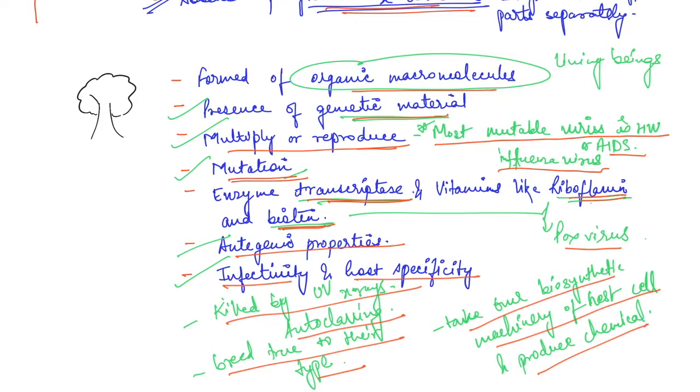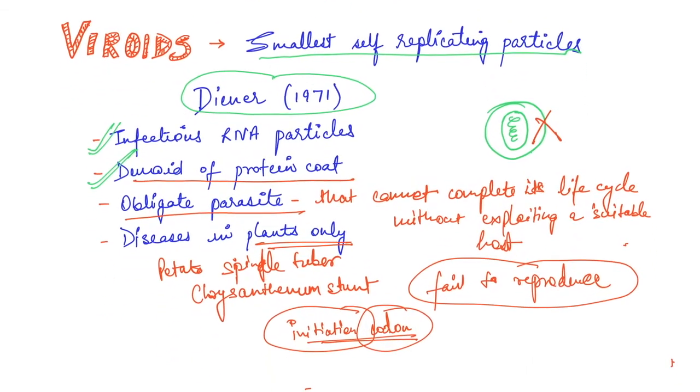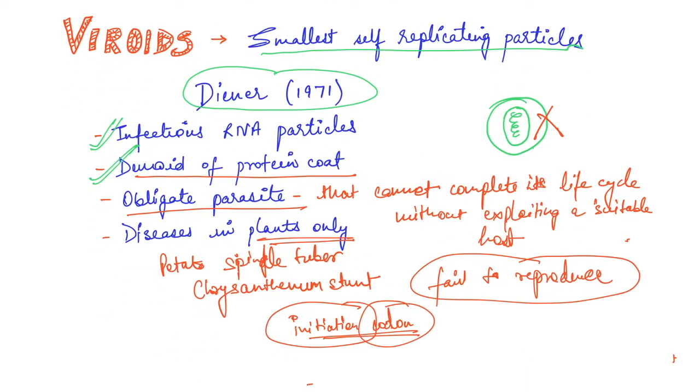Then we discussed certain terms like viroids and prions. So let's just revise it once very quickly. What are viroids? Basically, viroids are the smallest self-replicating RNA particles. They were discovered by Diener in 1971. They are devoid of protein coat, no outer protein covering.